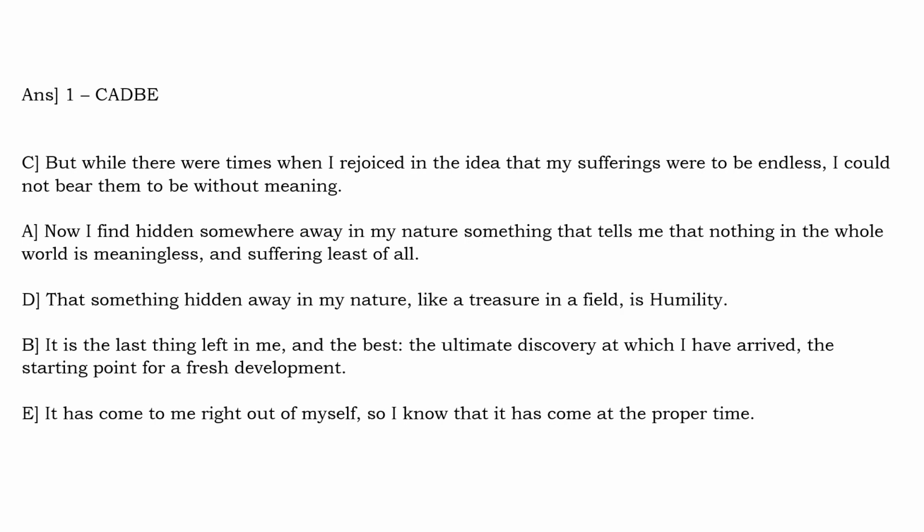See, once you read it, you will understand that this is the logic. Even if you put E after D and then B, it may not be as logical as when you put it this way. That is why CADB is the best answer.